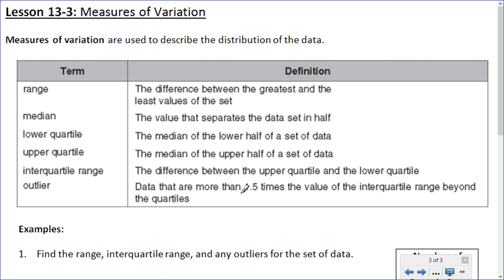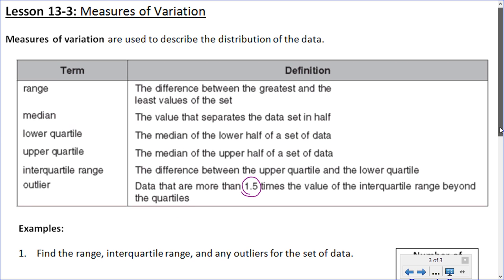Data that are more than 1.5 times, this number is important, 1.5 times the value of the interquartile range beyond the quartiles. So for example, if the interquartile range was 7, then any data that's more than 7 above or below those quartiles would be an outlier.